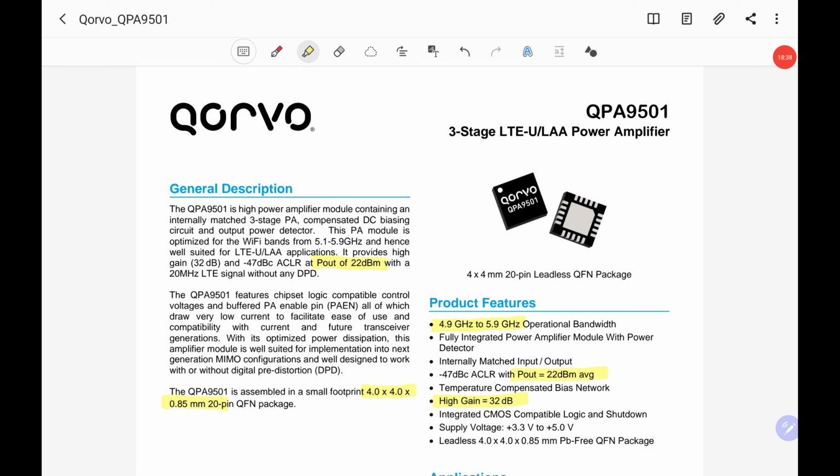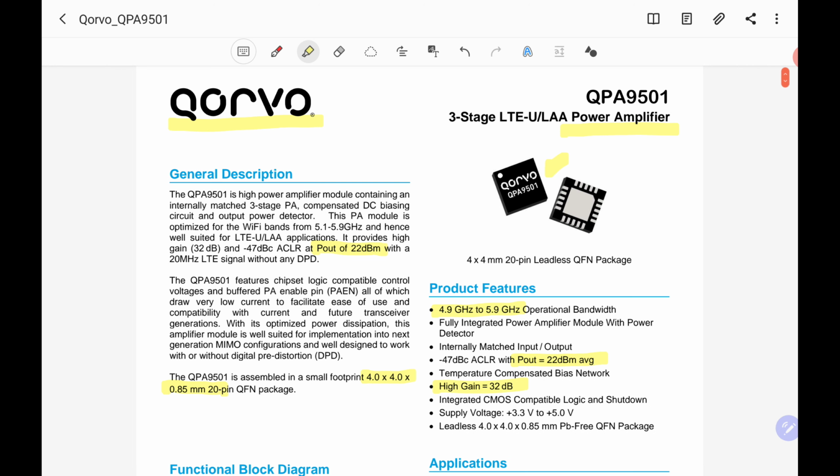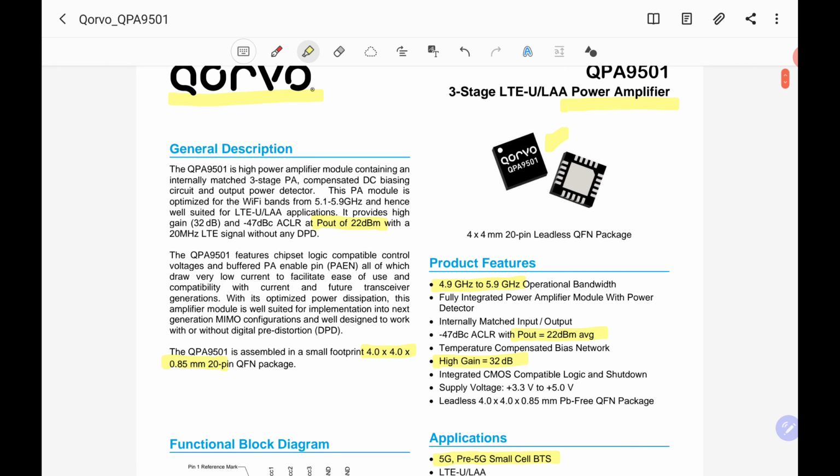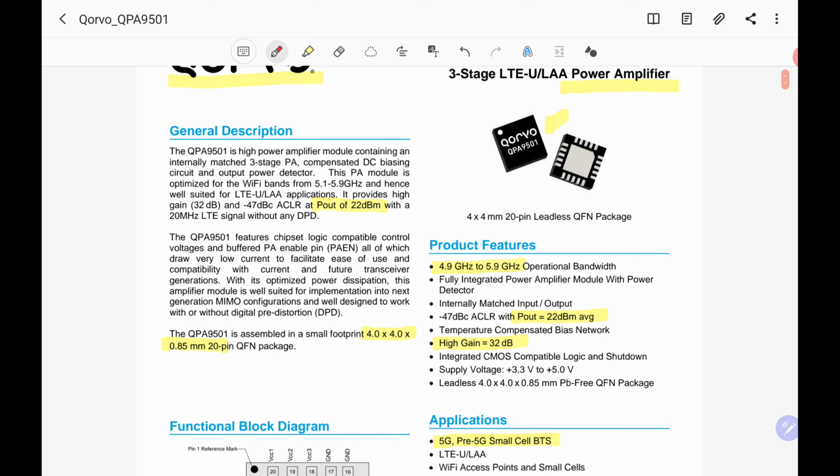So I'll give another example of an RF circuit. This is a power amplifier that I mentioned, right? And this component is manufactured by Qorvo. This is also an important, famous company in RF technology, and they make this kind of PA for high frequency.